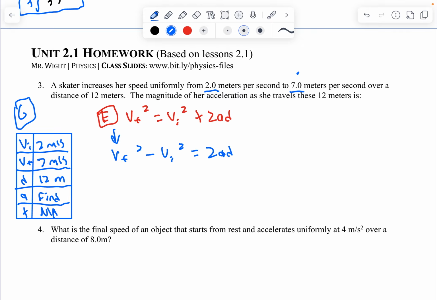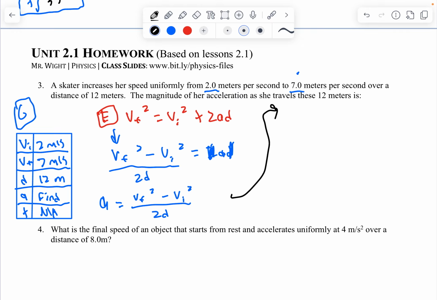And then we can divide by 2D on both sides, and that leaves us with A. So our equation is acceleration equals the velocity final squared minus the initial velocity squared, divided by 2D.